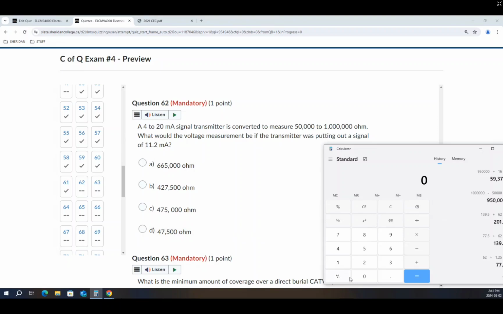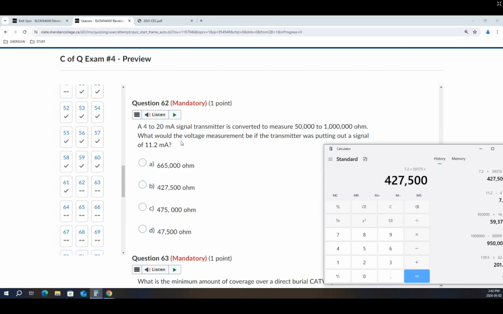And I'm going to go my 11.2 minus my 4, which is 7.2, and I'm going to multiply what I had in memory. So I get 427,500.